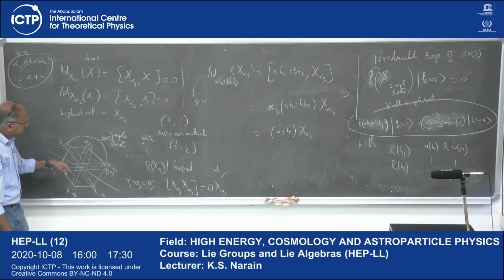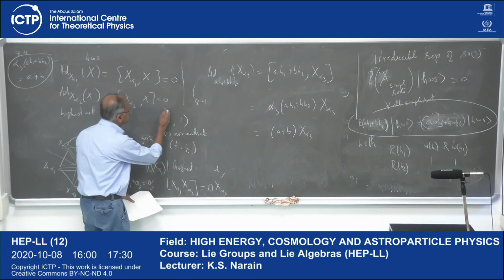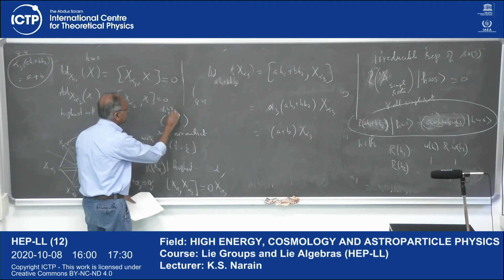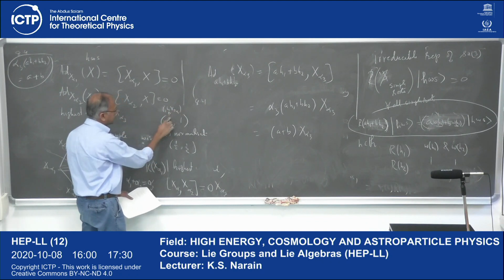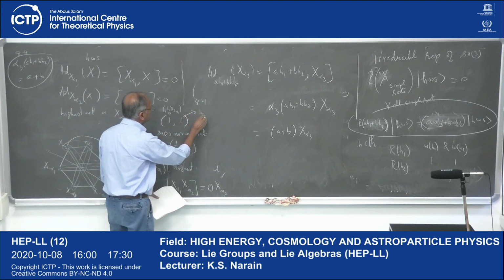And now look at the other one. This was with respect to the first SU2, H1 and X plus minus alpha 1. No? These are the three generators of the first SU2. The second SU2 was generated by H2 and X plus minus alpha 2.